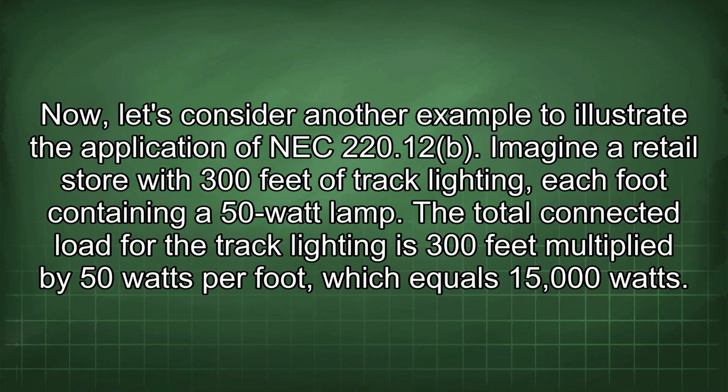Now let's consider another example to illustrate the application of NEC 220.12 IP. Imagine a retail store with 300 feet of track lighting, each foot containing a 50-watt lamp. The total connected load for the track lighting is 300 feet multiplied by 50 watts per foot, which equals 15,000 watts.